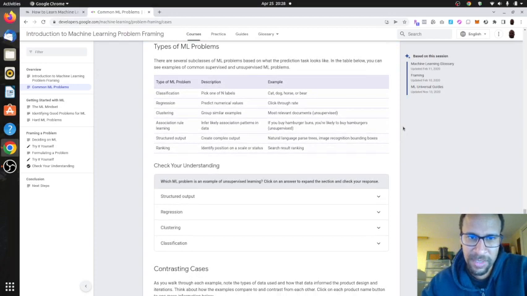There are several subclasses of ML problems based on what the prediction tasks look like. Classification: pick one of the N labels, like cat or dog. Regression: predict numerical values, like click-through rate.